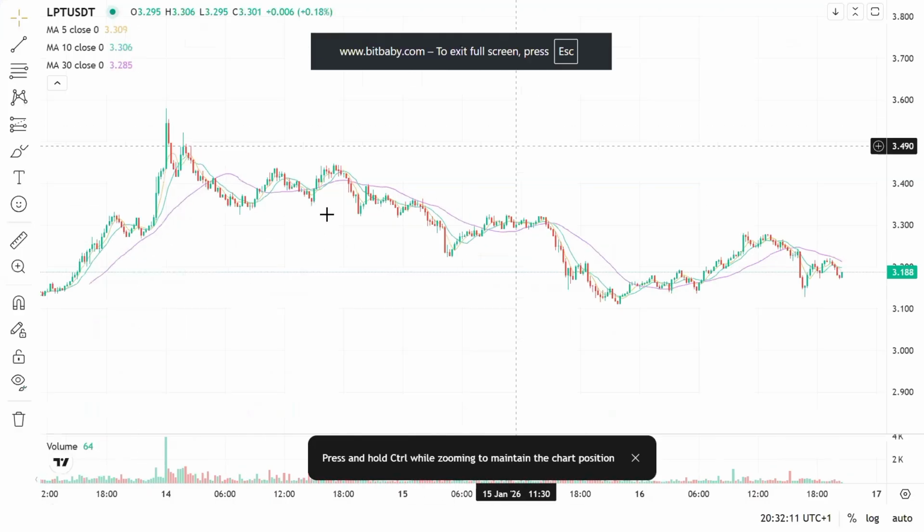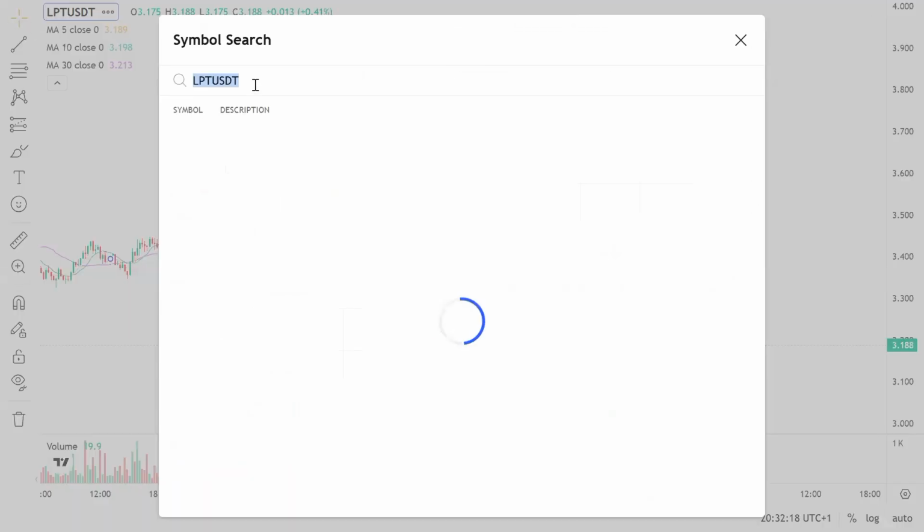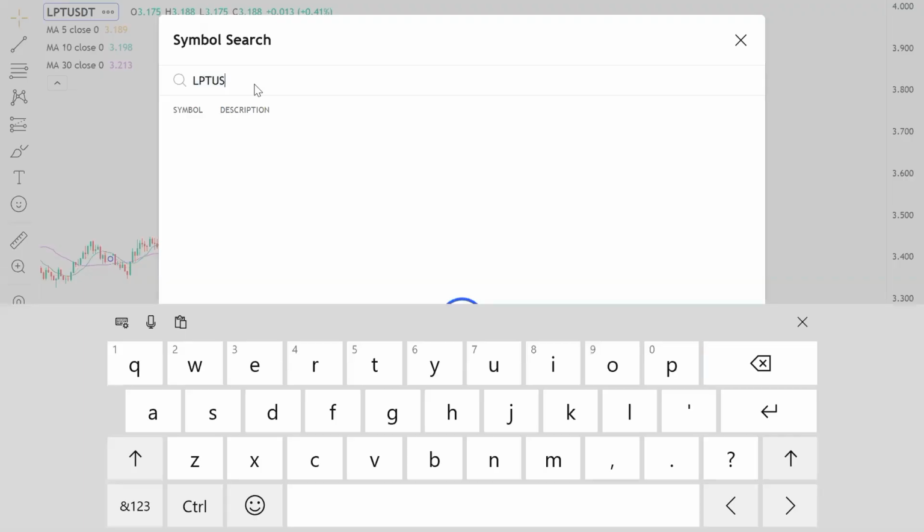Let's do a quick analysis. One feature I love a lot is that they have the TradingView right here on the app.